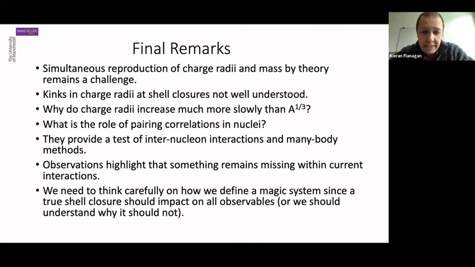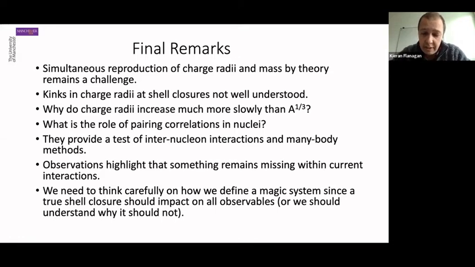But I think it's clear that the charge radii provide a very important and rigorous test of our understanding of the internucleon interactions and many-body correlations and methods. And if we're getting them right, then it certainly provides confidence in the latest theories. But the observations that we have now certainly highlight, in my mind, that there's something missing from the current batch of interactions.